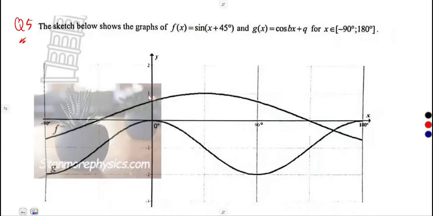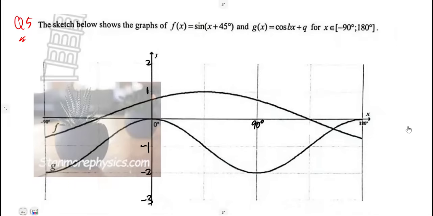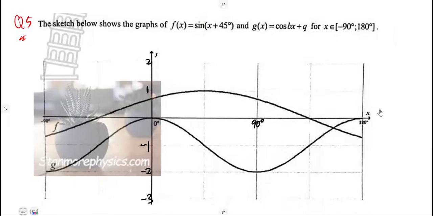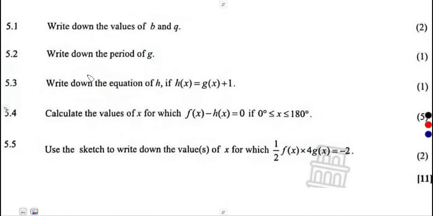And that's 1 here. This is 2, negative 1, negative 2, and negative 3. All right. So let us just quickly go through the questions from the sketch that we are given. Okay, 5.1. That was: write down the values of b and q.